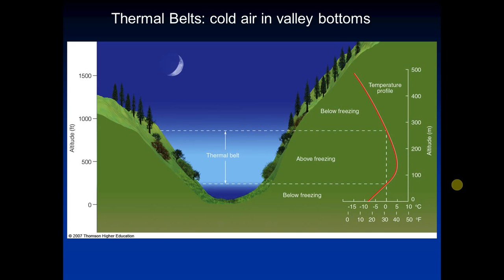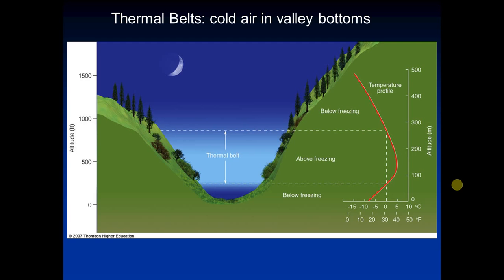During the nighttime, cold and hence denser air will slowly drain downhill and settle in low-lying basins and valleys. Valley bottoms are typically colder than the surrounding hillsides on clear and calm nights.